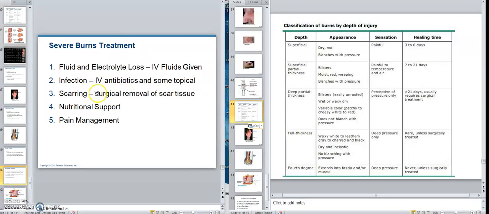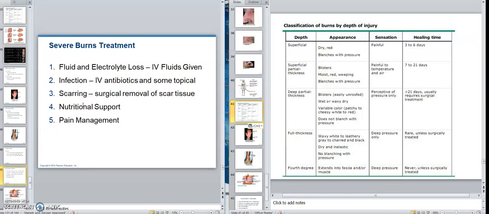Scarring, you have to debride and take off the scar tissue. To heal back, you need a lot of nutritional support, above the calories that you normally would, and then, of course, pain management. So this is kind of what you see when we're dealing with the burn aspect there.